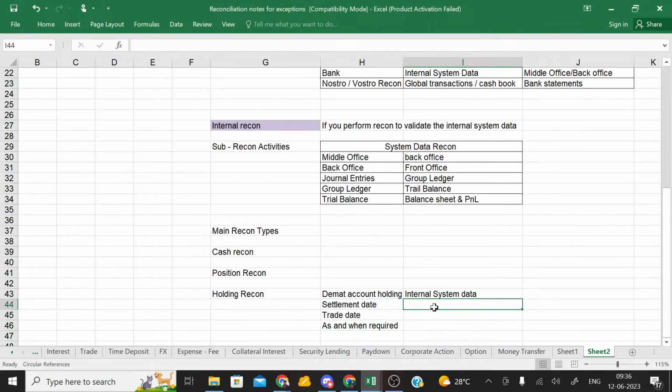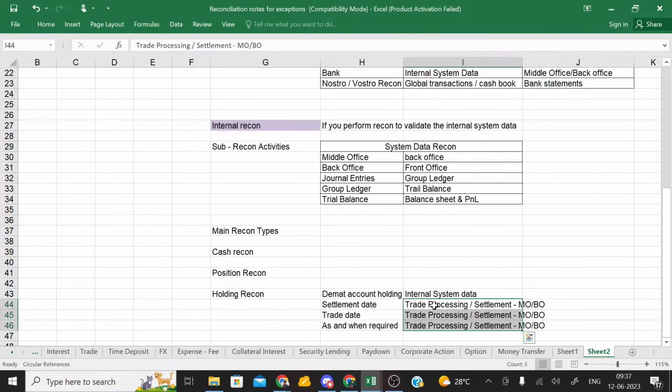Internal system means every transaction that we record on a system. For example, the trade processing team, settlement team, basically middle office and back office teams, they book the trades on trade date and settlement date. So their entries or transactions versus the demat account holding.